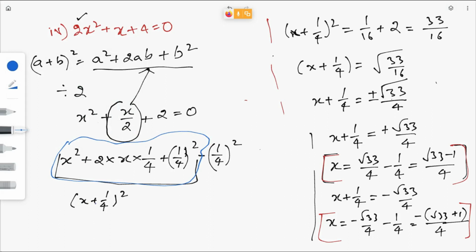Okay, this is 1 plus 1 by 4 whole square. Again don't miss this 2. Plus 2 is equal to 0. Okay, now 1 by 4 whole square minus 1 by 16 plus 2 is equal to 0. Understood?